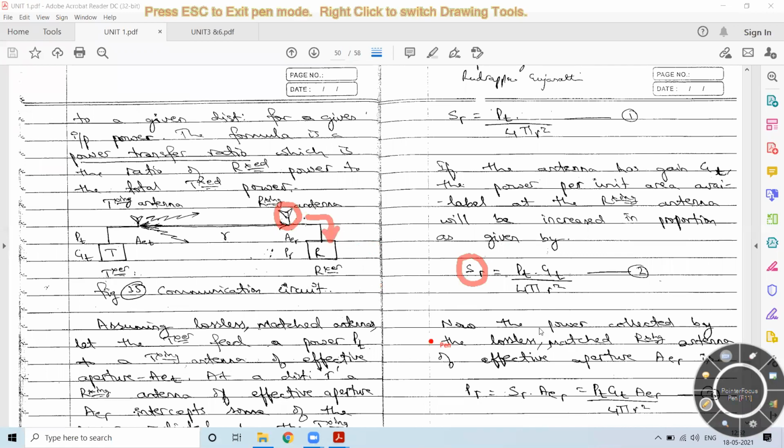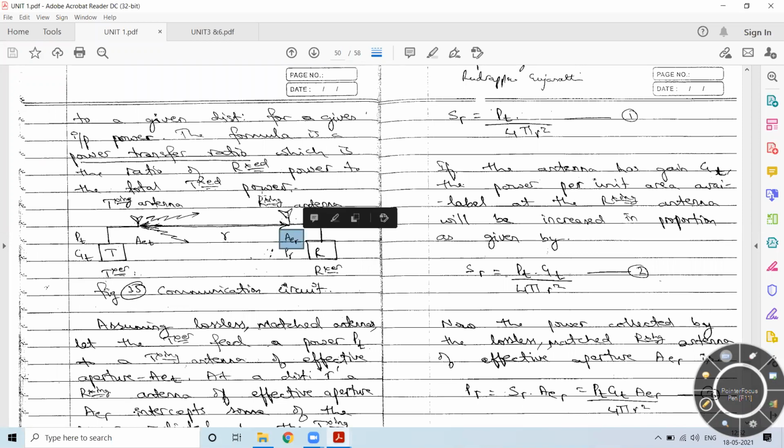When you receive a power of this value, some amount is lost in the form of loss, and some in the form of scattering and other effects. Only a certain amount of power will be delivered to the load, and that is accommodated with the help of the effective aperture of the receiving antenna.